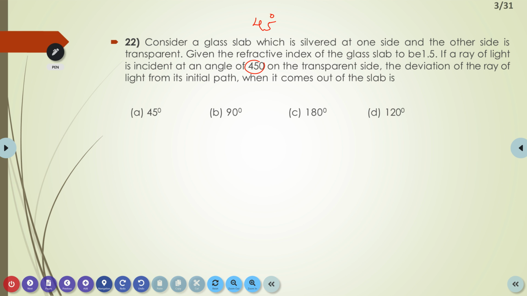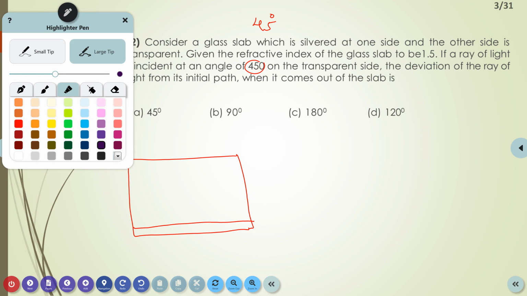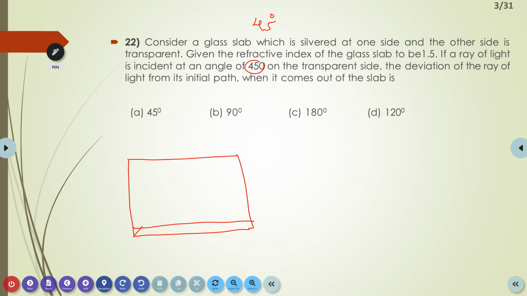Okay, fine. Here, this is your glass slab. One side of the glass slab is silvered. Now let us consider a ray of light.